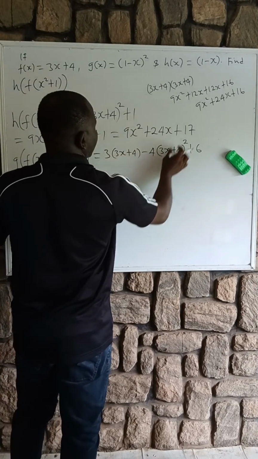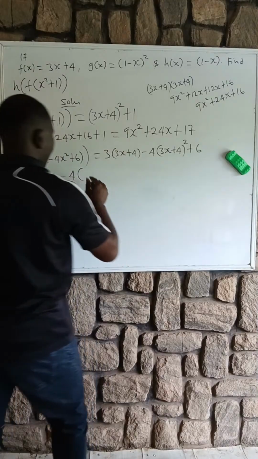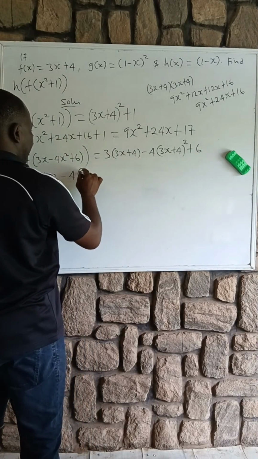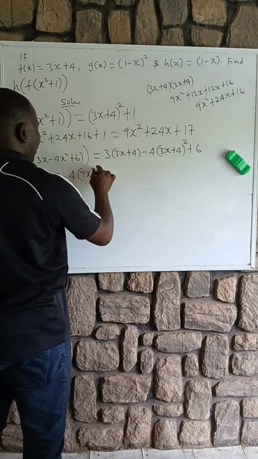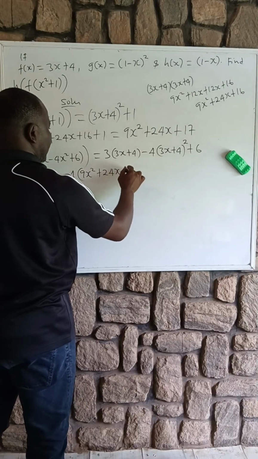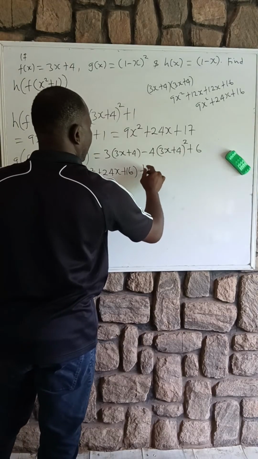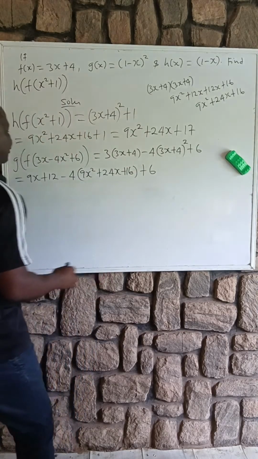Mind you, this gives us this, 2 of us. So let's write 9x squared plus 24x plus 16, close bracket, then plus 6, right?